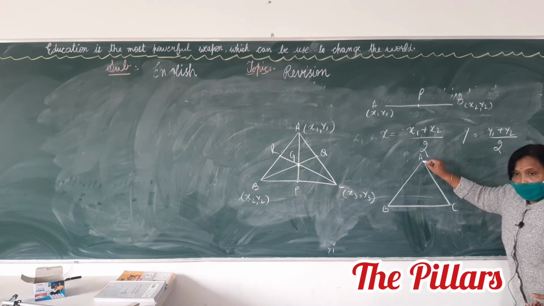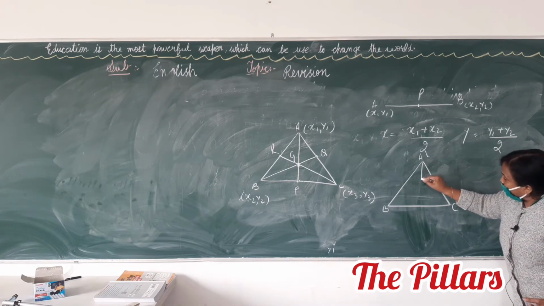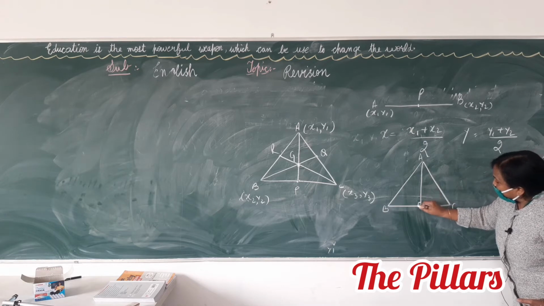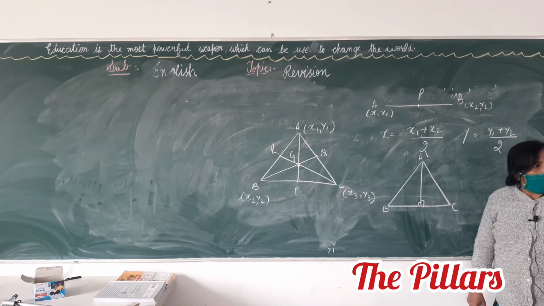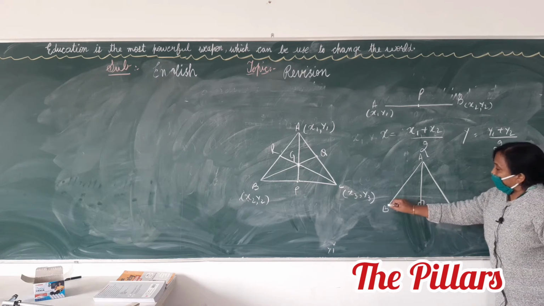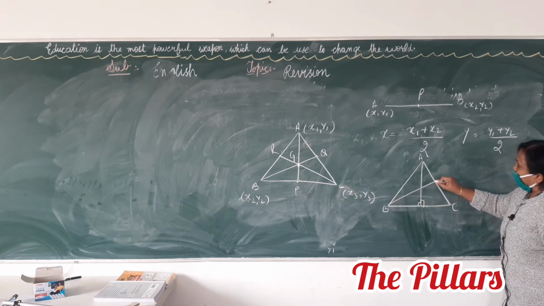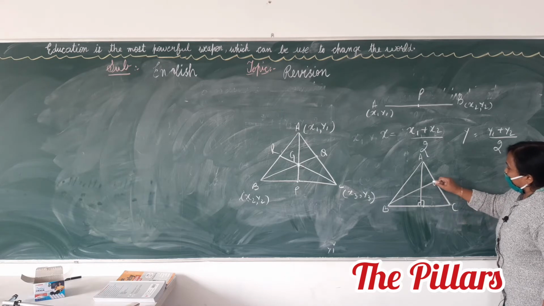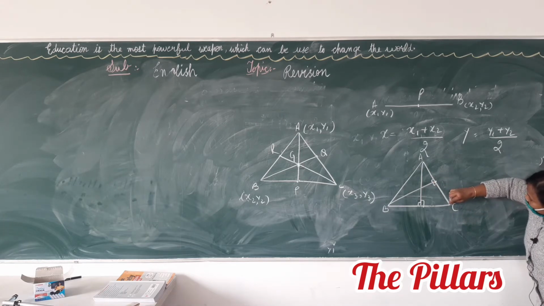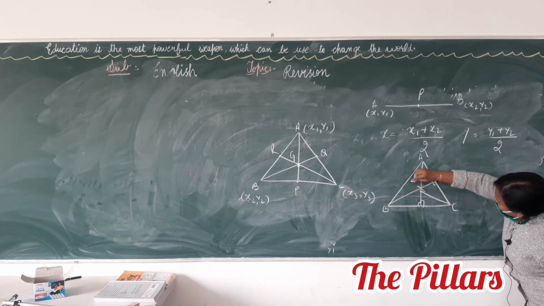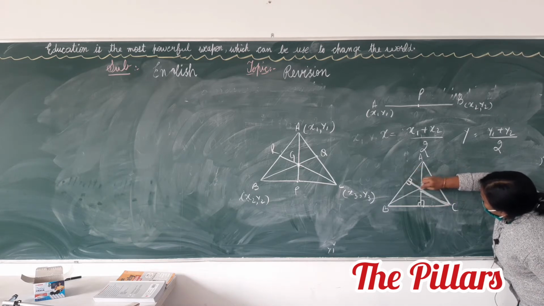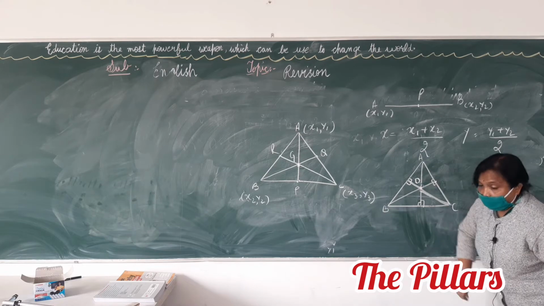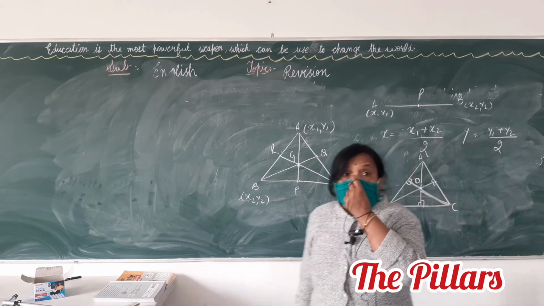From a vertex, draw a perpendicular to the opposite side. Okay? So this is called the orthocenter of a triangle.